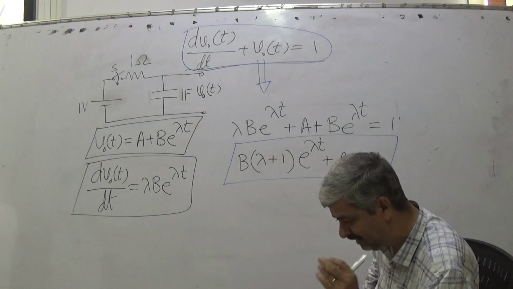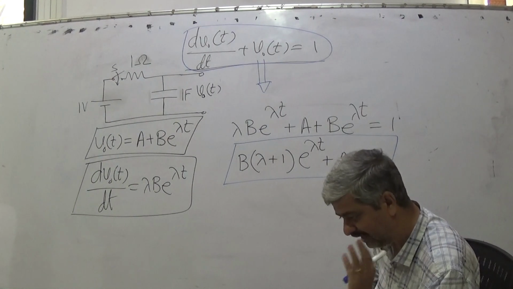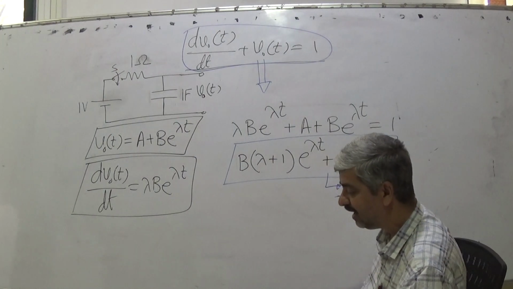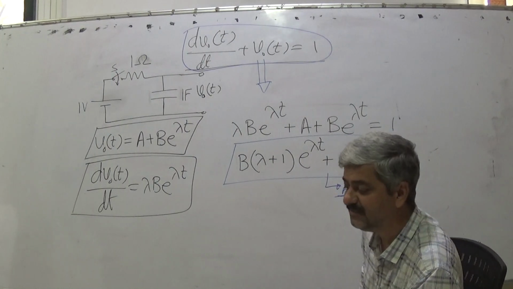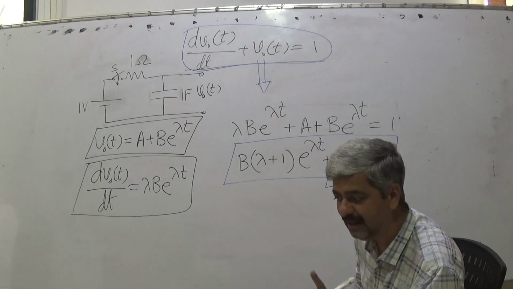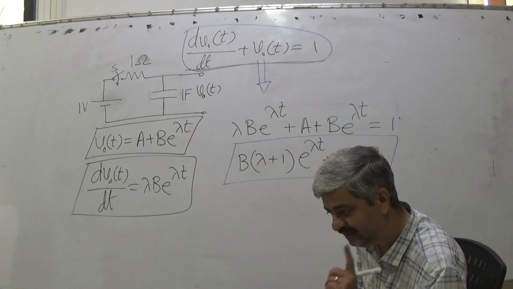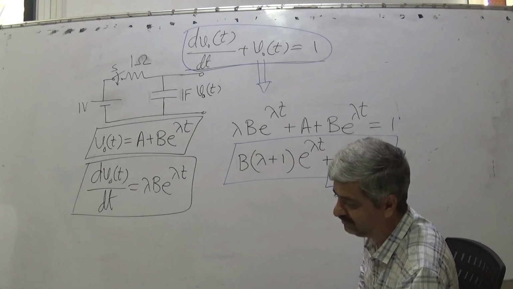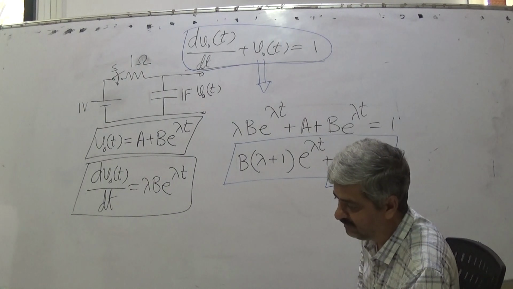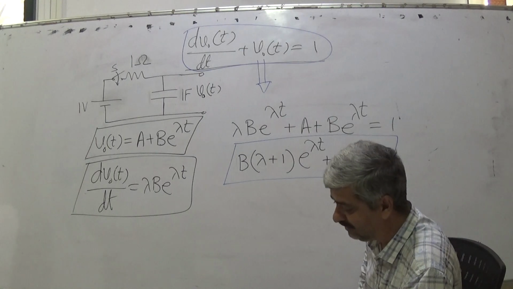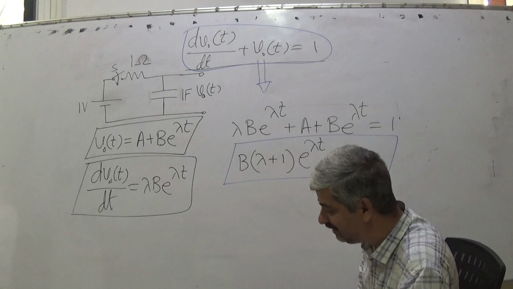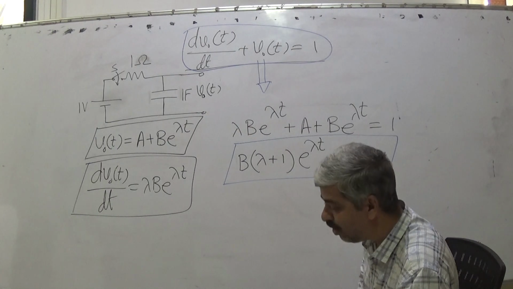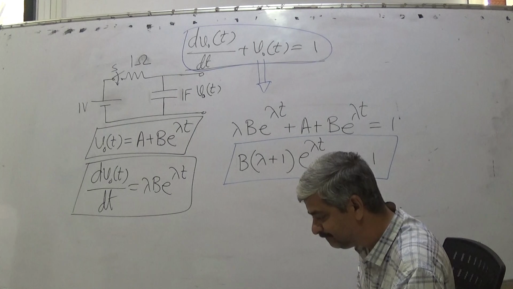A, B and lambda are constants, and t is variable. So this must be fulfilled at all values of t.